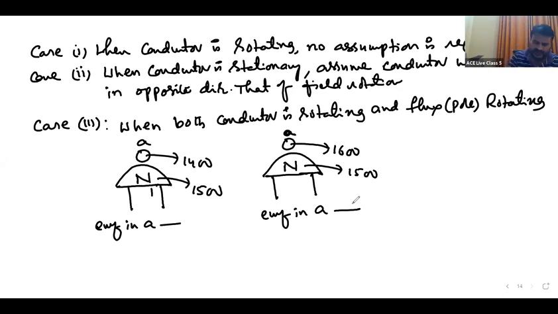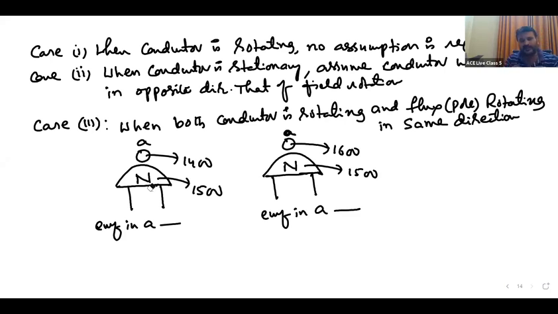But here I have taken the third case, when both conductor and flux are rotating in the same direction. Dear student, in the same direction you add it. Next time I am going to take the opposite direction. So when both conductor and flux are rotating, flux means pole rotating, flux also will rotate, na?